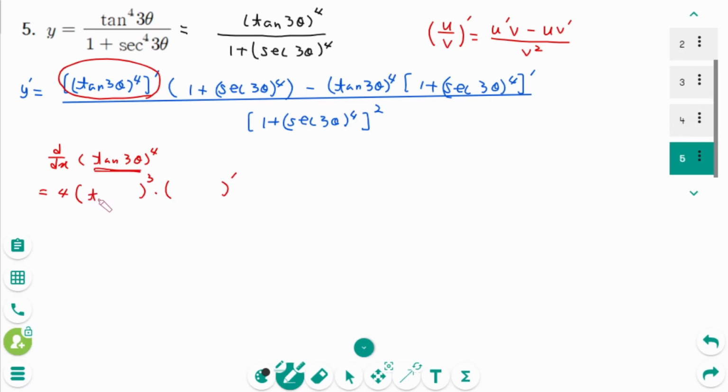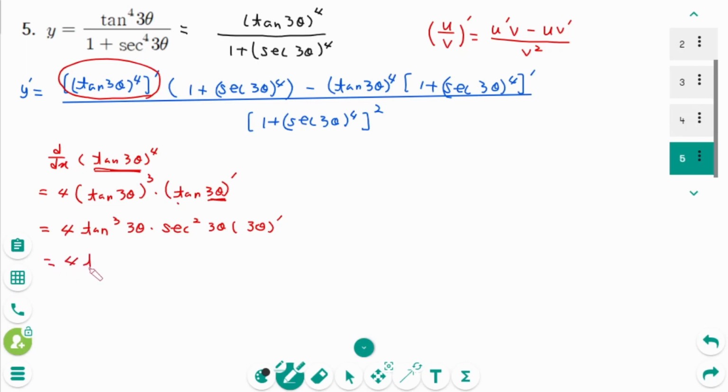The u part is tangent 3 theta, equals 4 tangent cubed 3 theta times tangent u prime equals secant squared u times u prime.